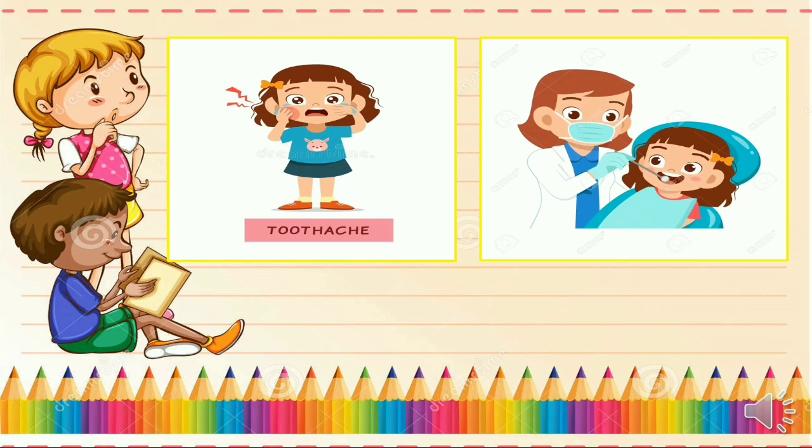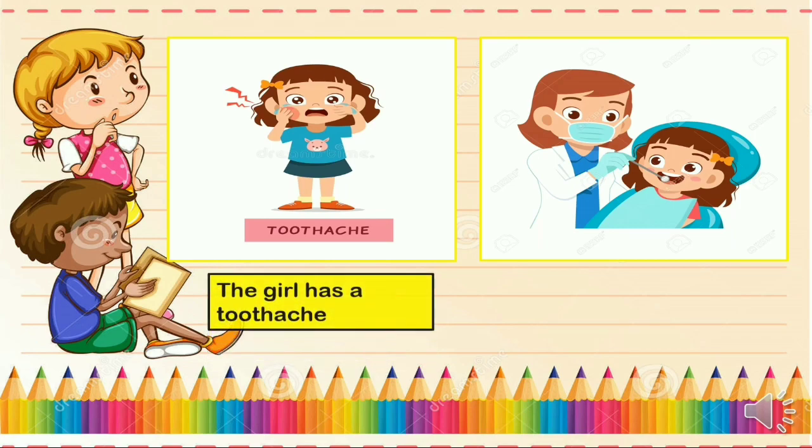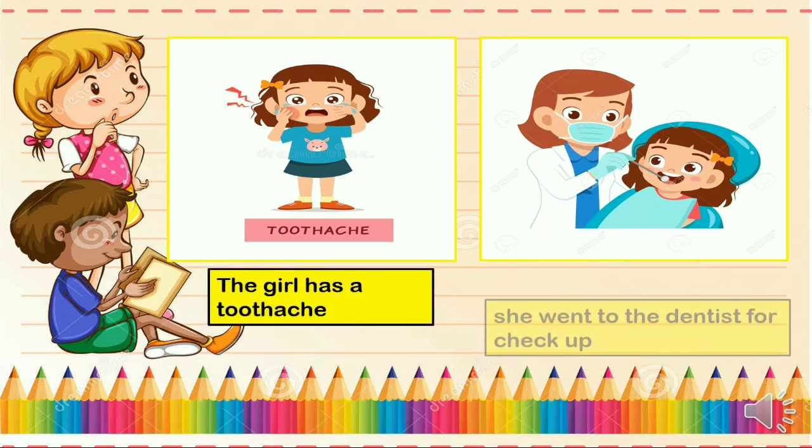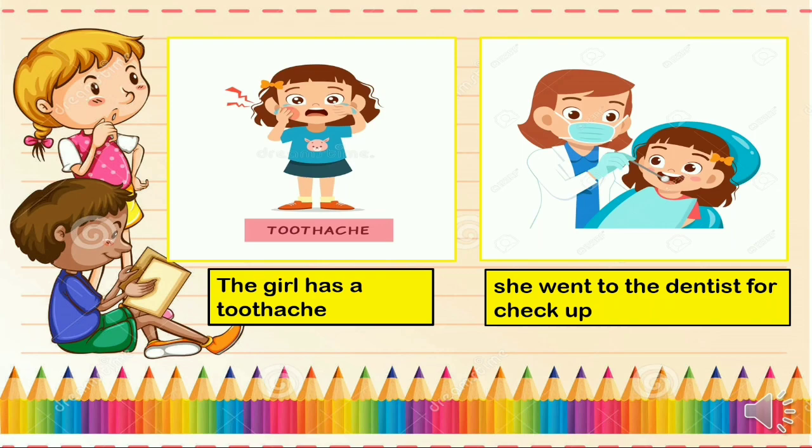Now let us try to combine the two sentences that we came up with. The girl has a toothache. She went to the dentist for checkup. Let us use coordinating conjunction so. The girl has a toothache, so she went to the dentist for checkup.